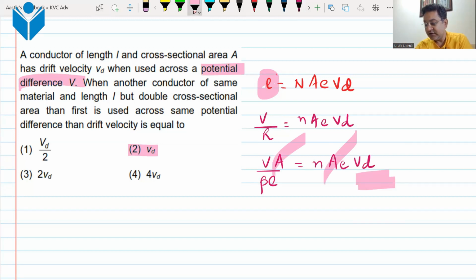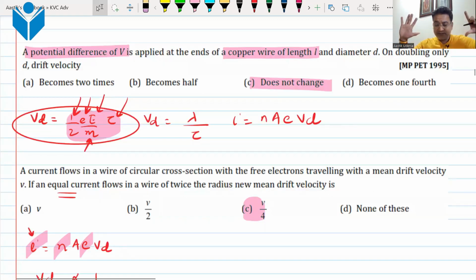Vd is directly proportional to V and inversely proportional to L. That does not change. In my question, the blast from the past, it was specifically mentioned that only the diameter is changed. See? Exact copy. Exact replica.